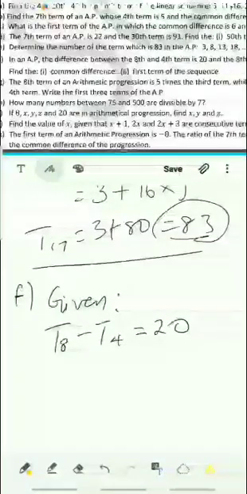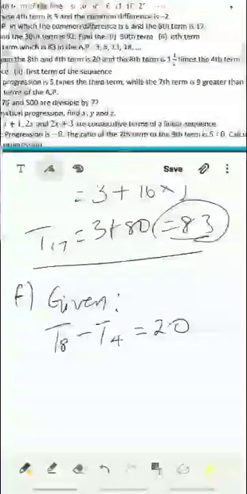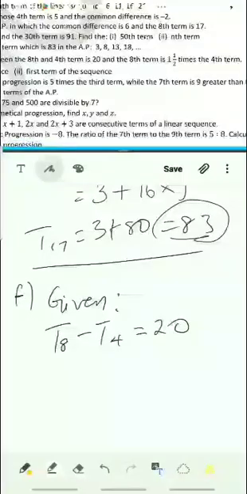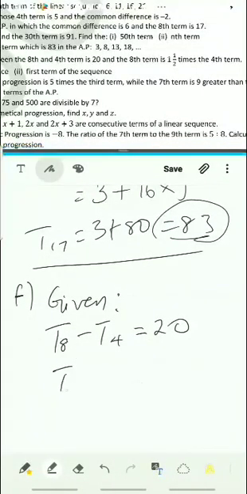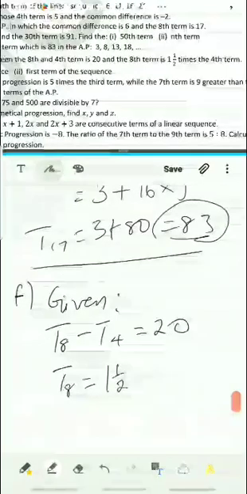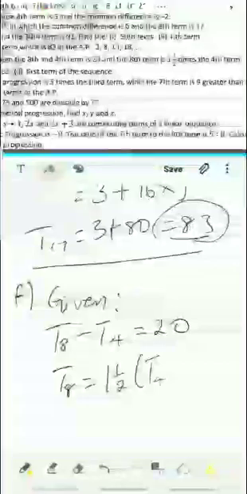The 8th term is 1.5 times of this 4th term.